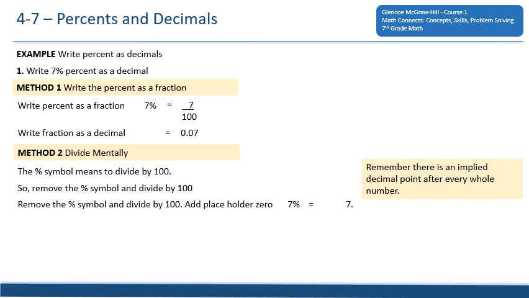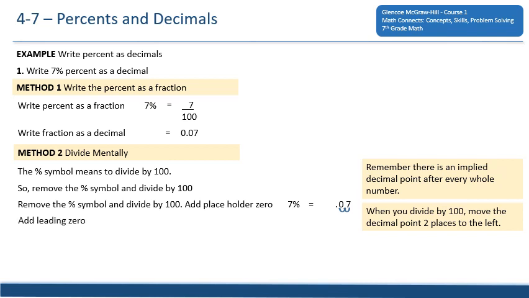Remember, there's an implied decimal point after every whole number, so we didn't place it, we're just showing it. And when you divide by 100, move the decimal point 2 places to the left. So 1, 2, and we get .07. Then add a leading 0, so we get 0.07.